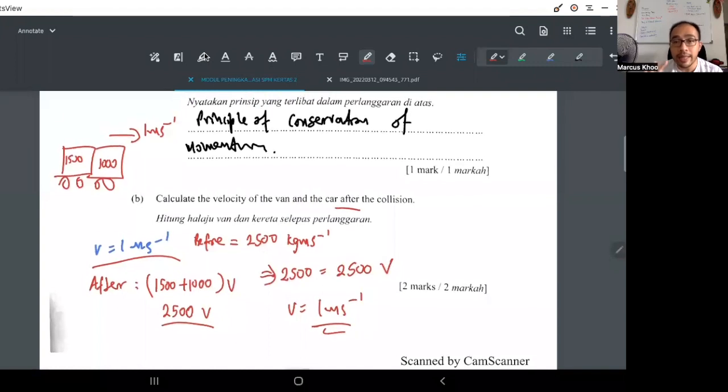The standard formula for an inelastic collision is M1U1 plus M2U2 equals M1 plus M2 V. That is why I don't want to bother memorizing this lah, because the principle of conservation of momentum is total momentum before equals total momentum after. So you count before, you count after, then you kasih sama.